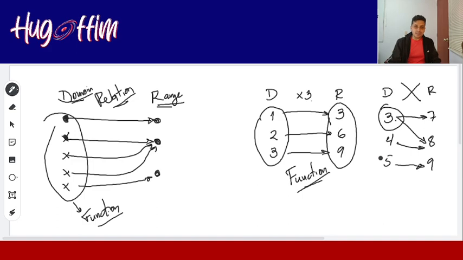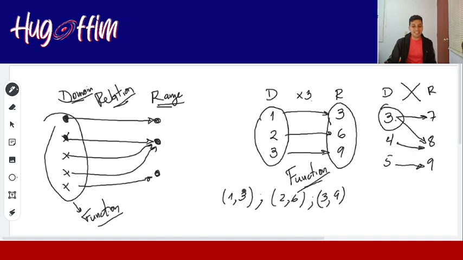Now, in terms of functions, there are some ideas of how to get the domain and the range. For example, in this case, we have the set of numbers that corresponds to one set of the range. We can put it in coordinate form: (1, 3), (2, 6), (3, 9).